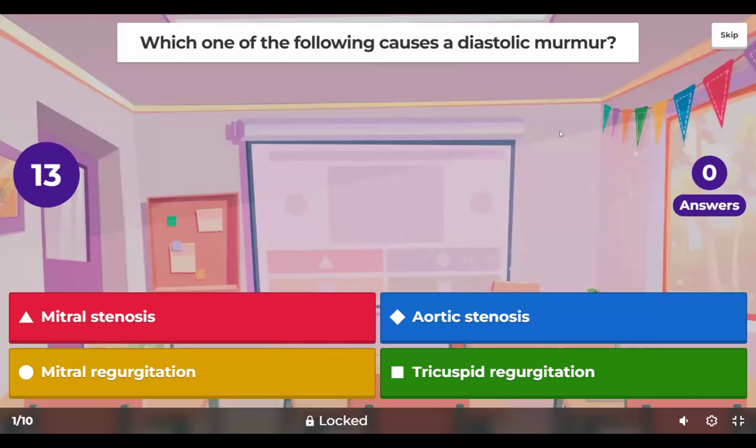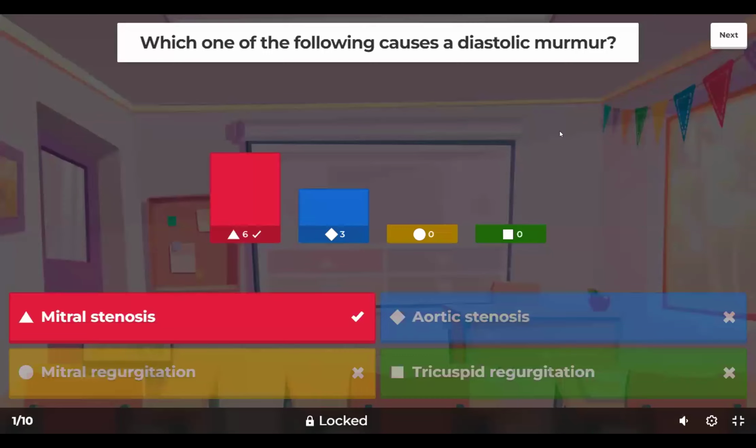So the first question is up. Okay, 6 of us got it right. The answer is mitral stenosis.